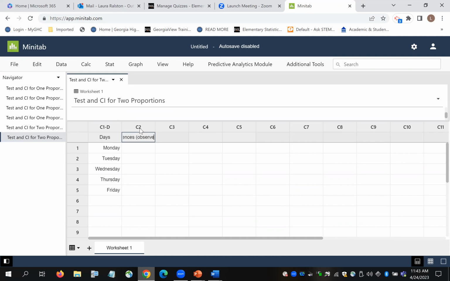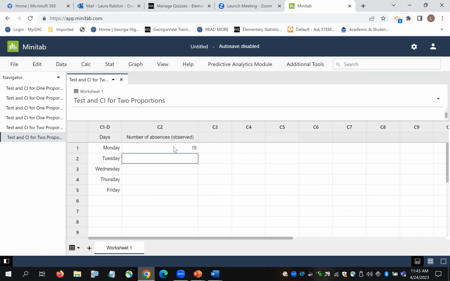The observed is what you are given in the table. Okay. And so I'm going to enter those numbers. Monday, there were 15. Tuesday, there were 12. Wednesday was 9. Thursday was, whoops, not 99. Thursday should be 9. And Friday, again, is 15.